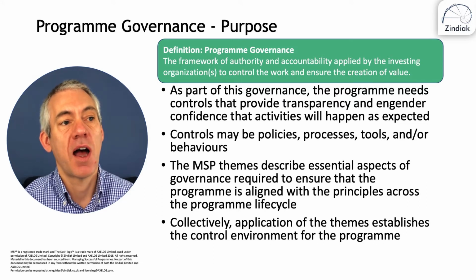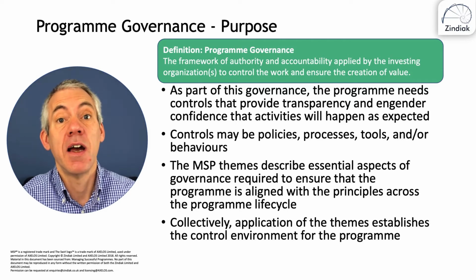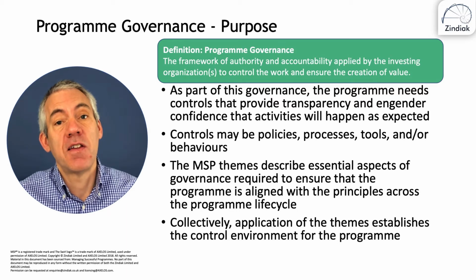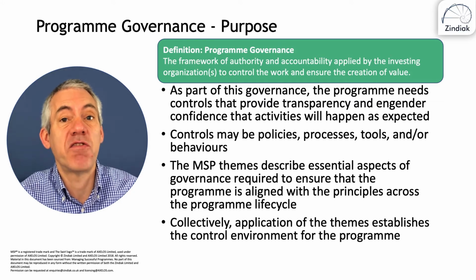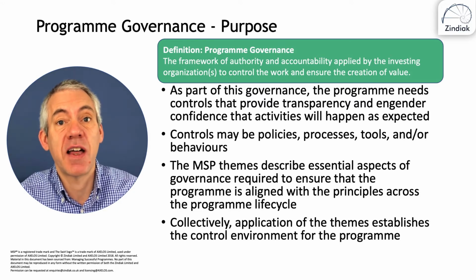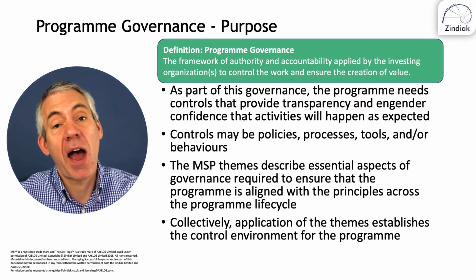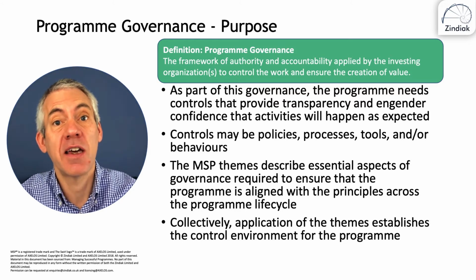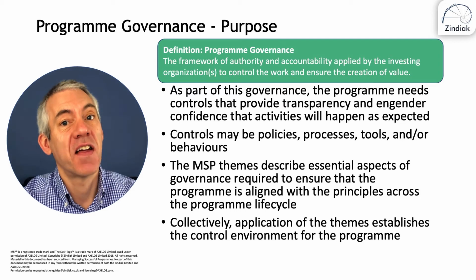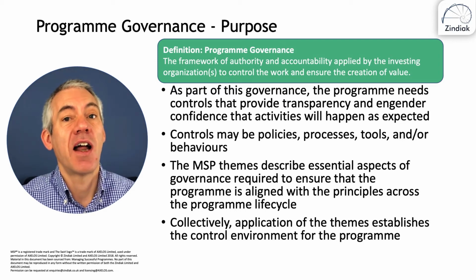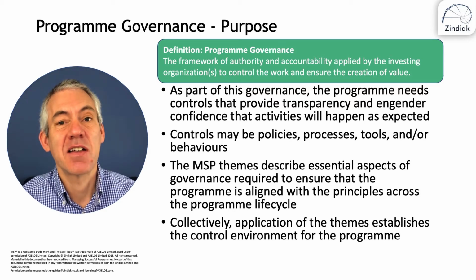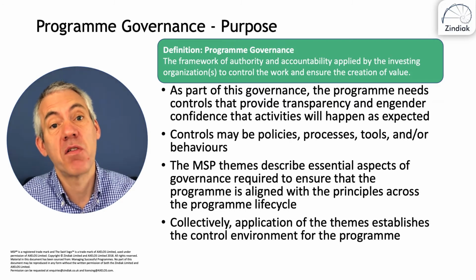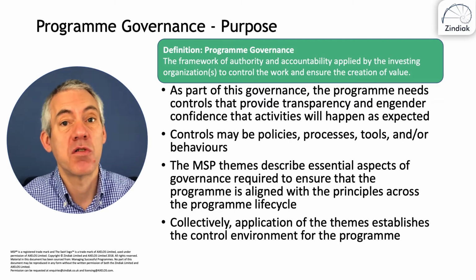And the key word there really is authority, and everyone in the organisation has a scope of control, and that scope of control is really defined by the authority they have, and particularly how much authority they have to spend money, direct resources on behalf of the organisation, and how much risk can they take on behalf of the organisation, and at what point do they need to go to a higher authority to get authority to have the right to spend more money, direct more resources, or take more risk.